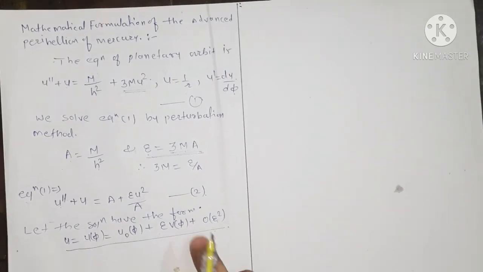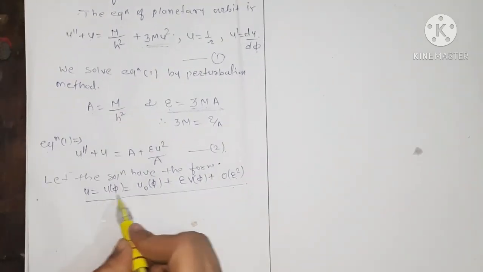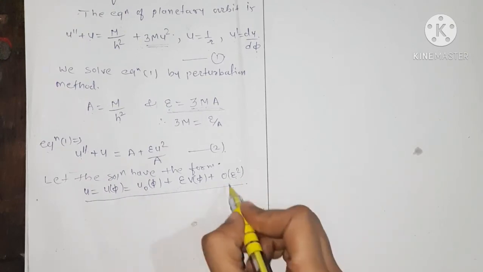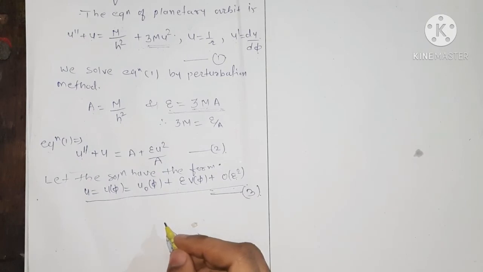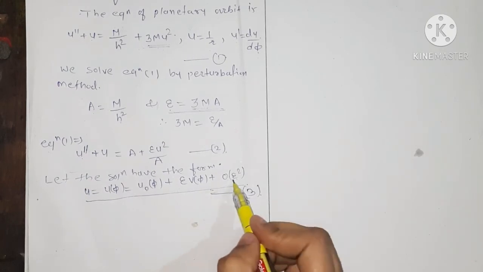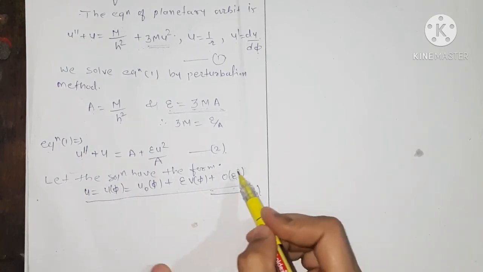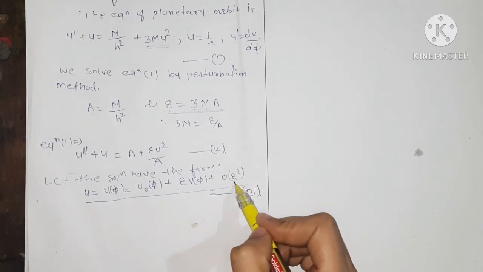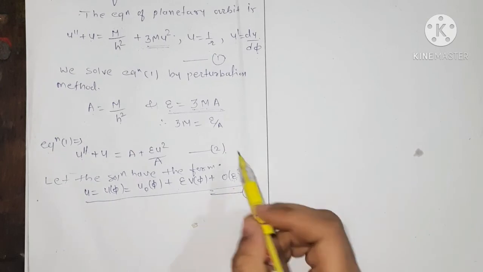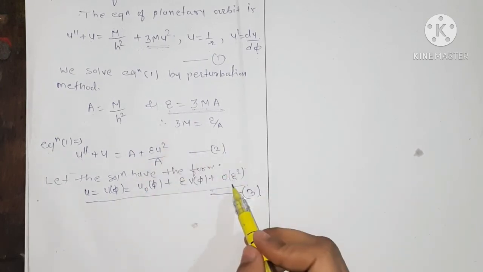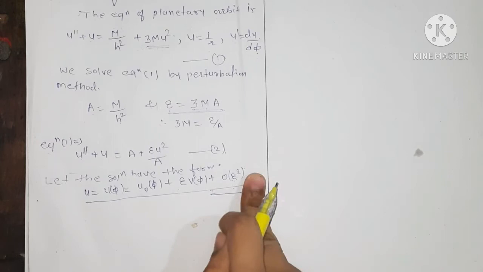It may be in this type, and to solve this equation we give this as equation number 3, and we neglect the term containing epsilon square, that is, we are neglecting the higher order terms, because epsilon is a dimensionless quantity, so we are neglecting here the epsilon square term.